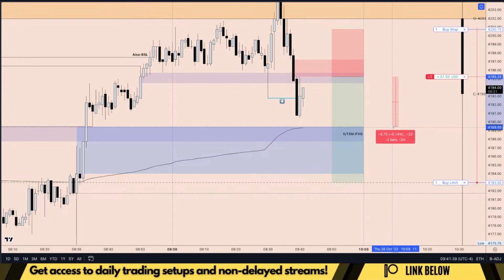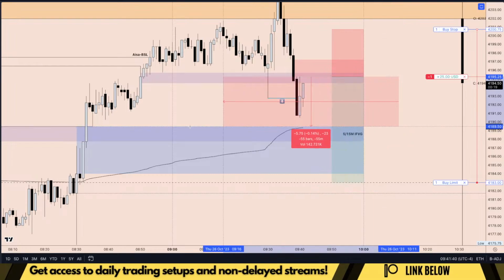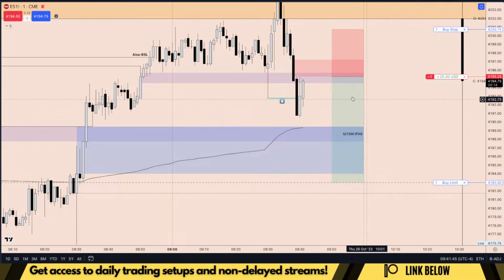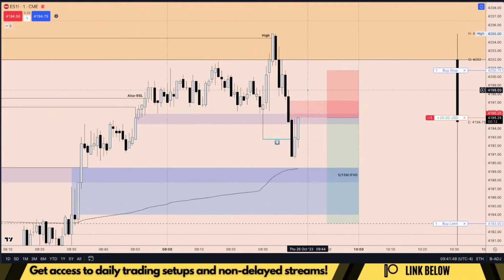Five points, 6 points to the VWAP, below this candle low, our old London session high. Yeah, let's see how this is going to develop.